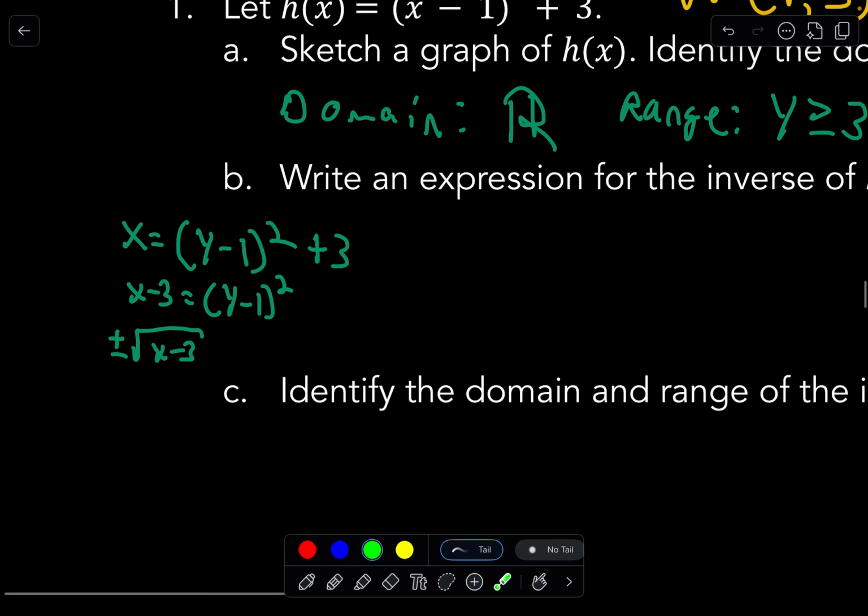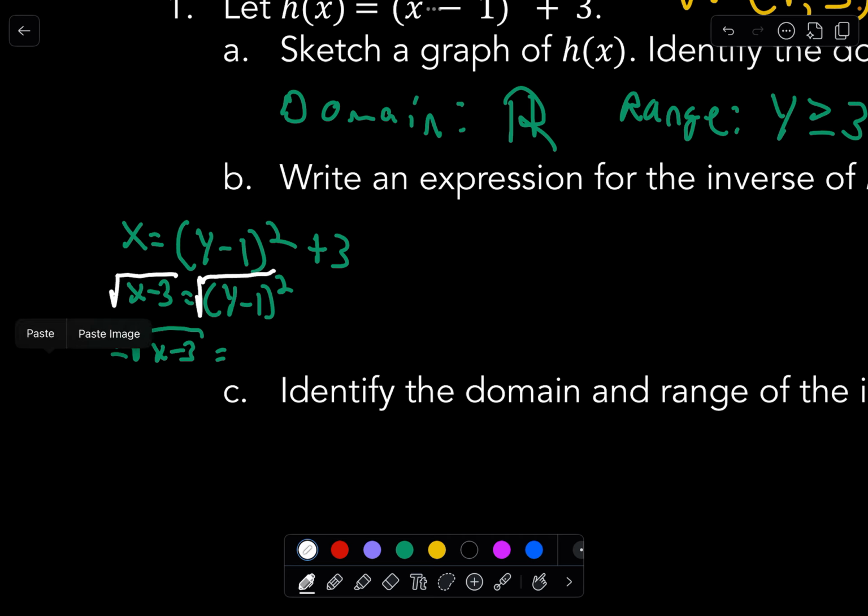And on the other side, when you take the square root of a squared, these two cancel out, and it leaves you with just y minus 1. So adding the 1, you end up with y equals 1 plus or minus the square root of x minus 3. Now, this is the inverse.